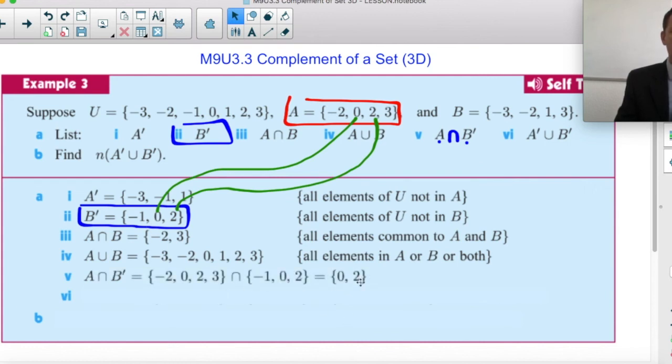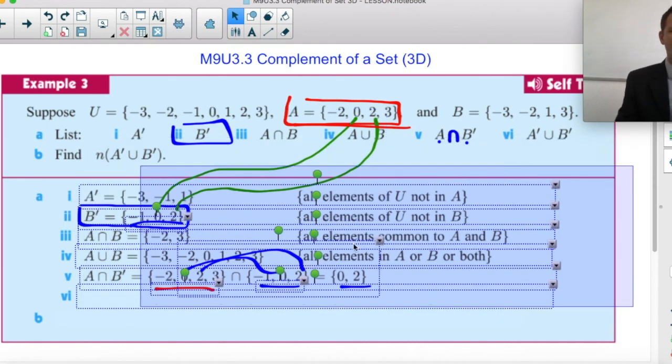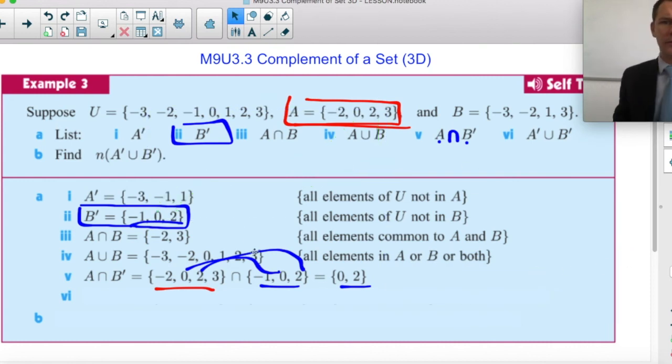So 0 and 2. So this is this, and this is this. And they just look at what's in common. 0 and 2. Ta-da! Great. Okay, I like it. Let's try the next one. Let me clean up my scribble.